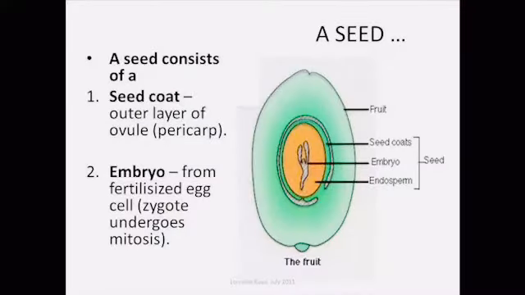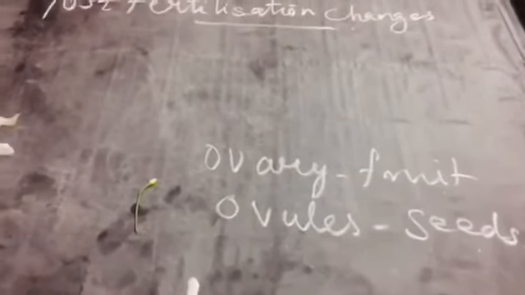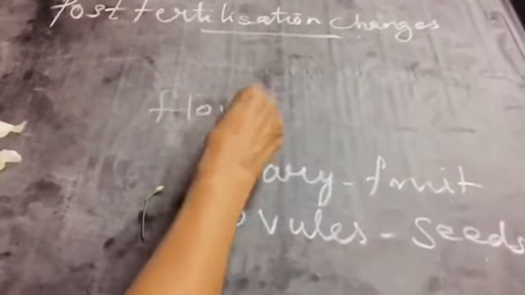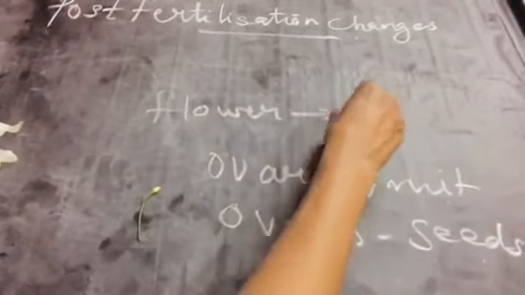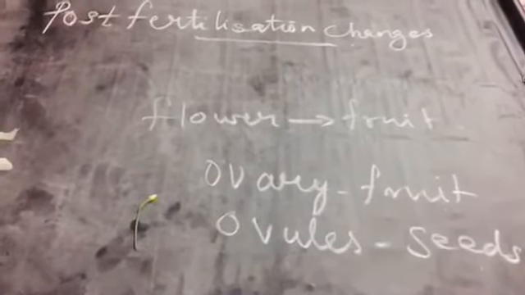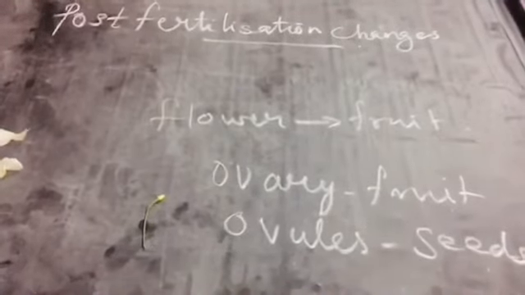The walls of the ovules become the seed coat. So this is how, after the fertilization, the changes occur in a flower. This is how a flower changes into a fruit after pollination and fertilization. That's all about the sexual reproduction in a flowering plant.